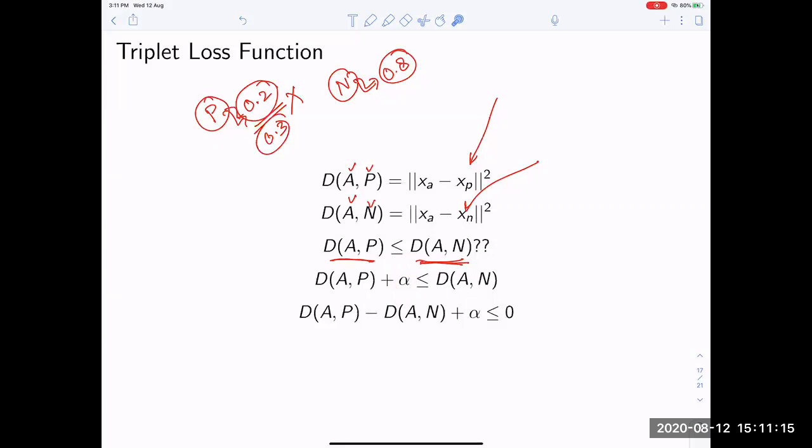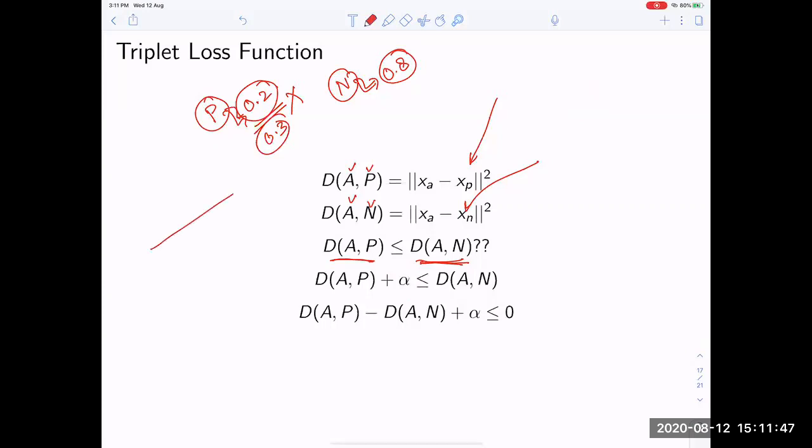This network is trying to come up with an embedding that will take my images into such a subspace where the distance between the positive and the negative pair is maximized, and there has to be at least a margin between them of alpha. If it is not, then I am going to penalize.